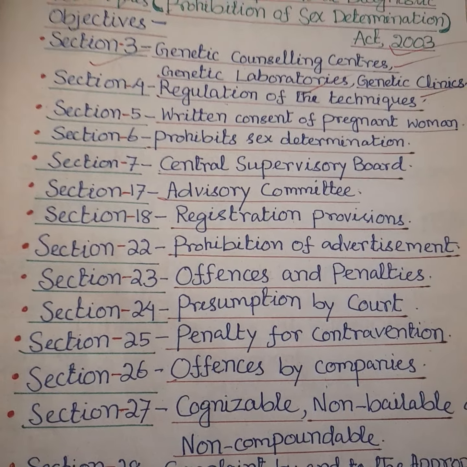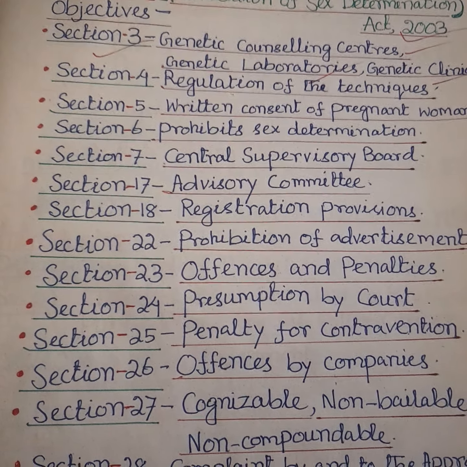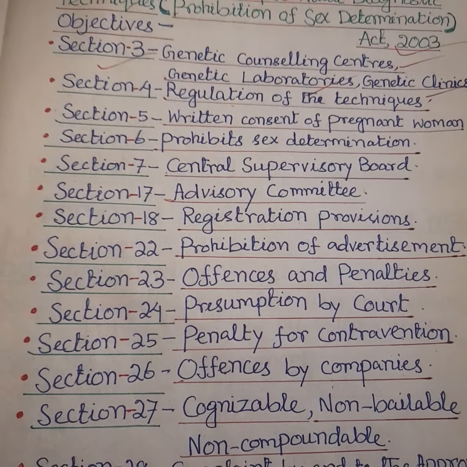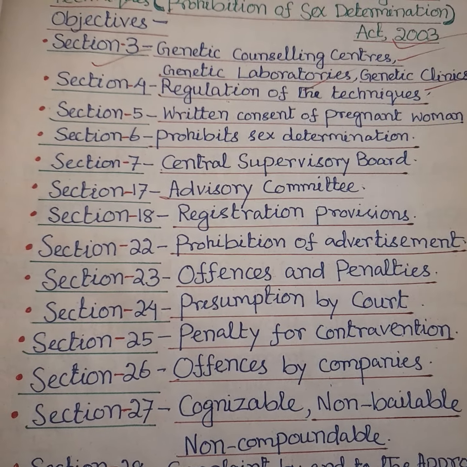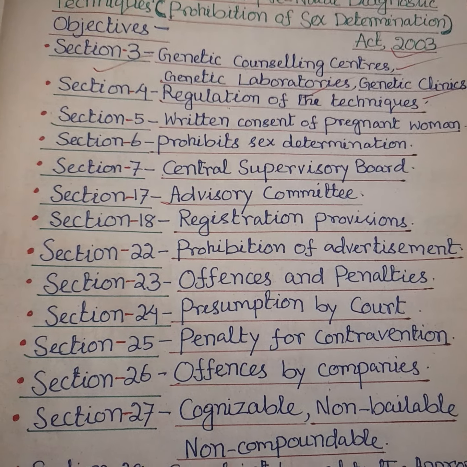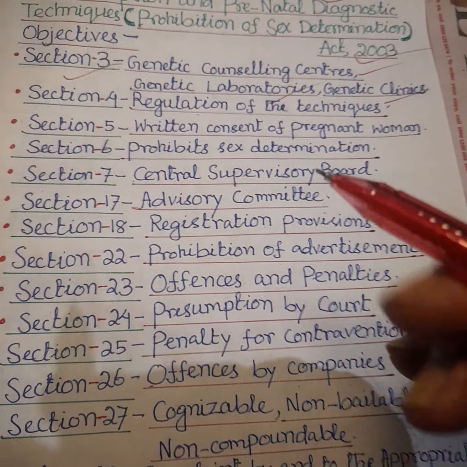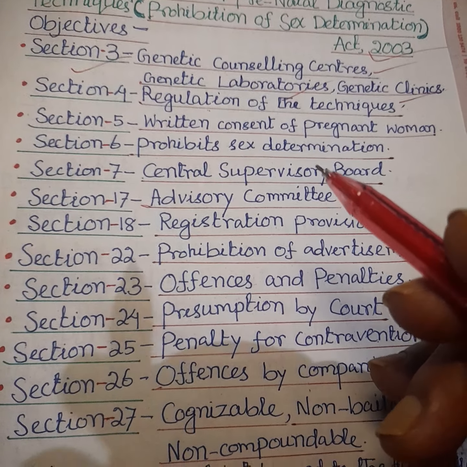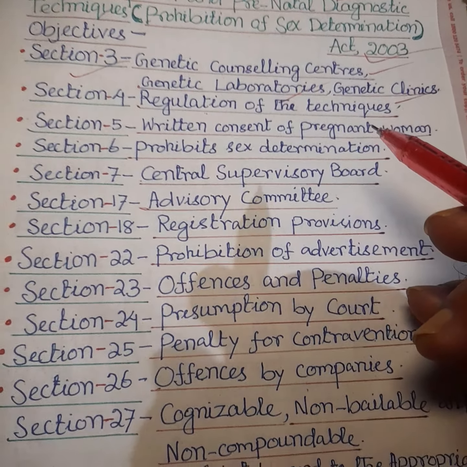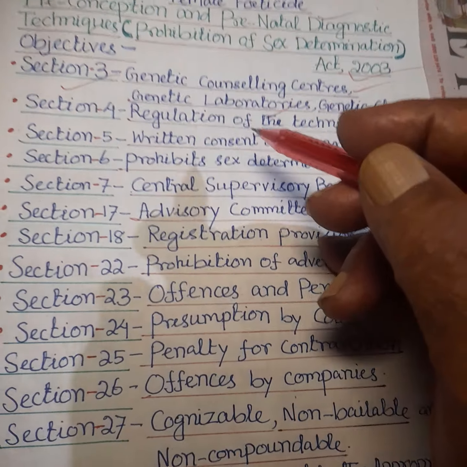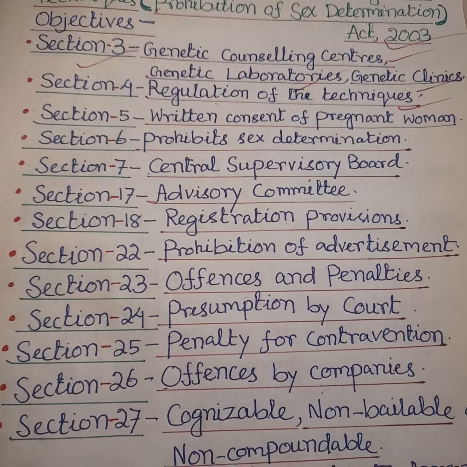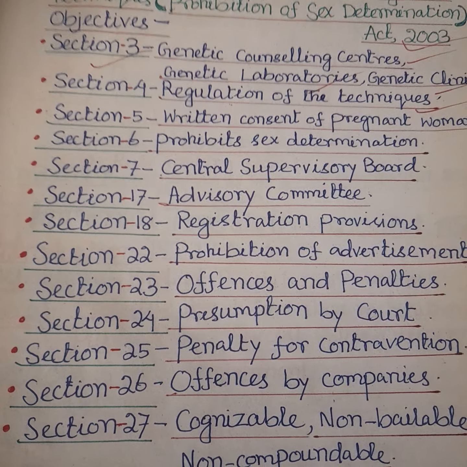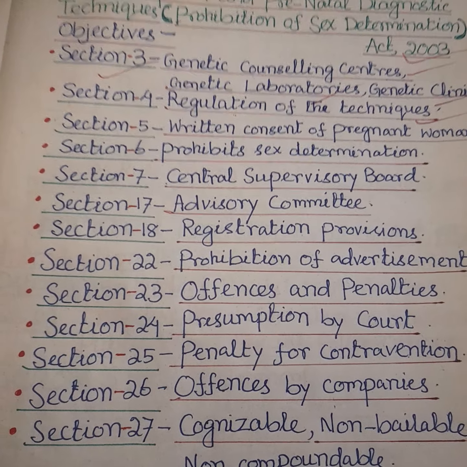Section 3 provides for regulation of genetic counseling centers, genetic laboratories and genetic clinics, while Section 4 relates to regulation of prenatal diagnostic techniques.